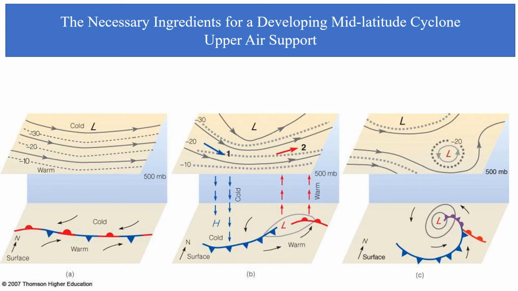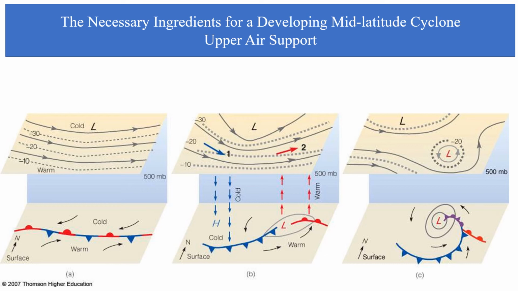So as the converging surface air develops cyclonic spin, cold air flows southward and warm air northward. We can see that exactly happening in picture B, where the western half of the stationary front is becoming a cold front, and the eastern half of the stationary front is now a warm front.